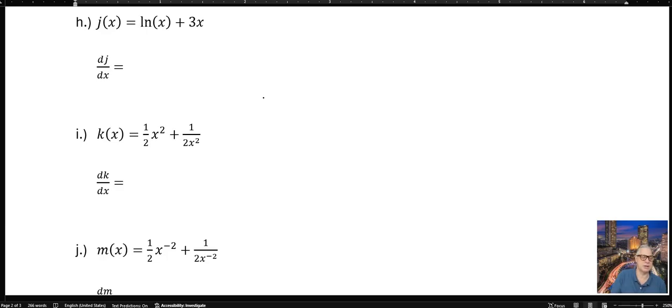You haven't seen the log of x, but the log of something is also sometimes used to represent the utility function. It also looks like this. And if you take the log of x, the derivative of the log of x with respect to x is simply 1 over x. It's often convenient.